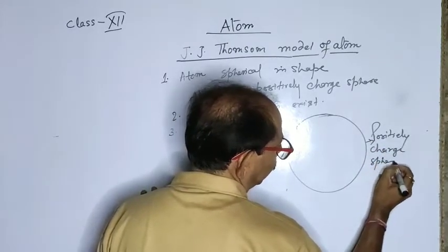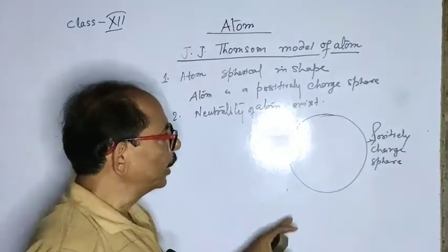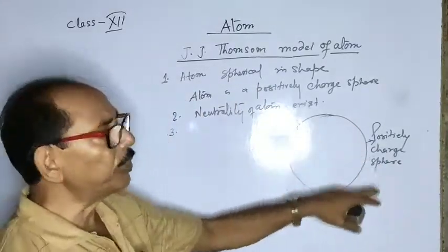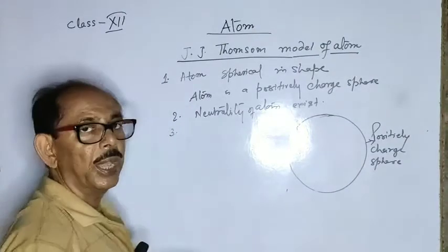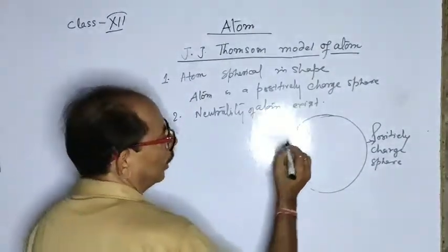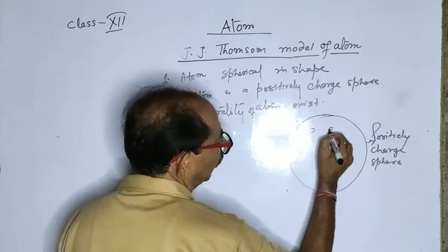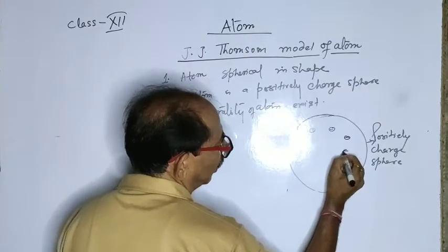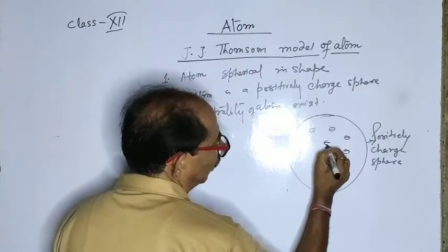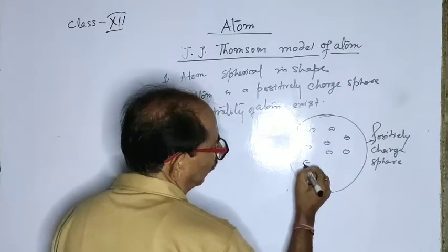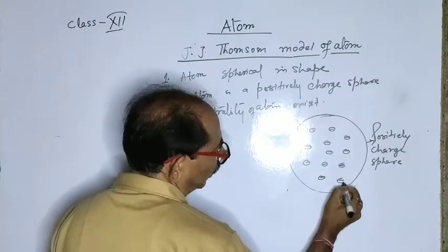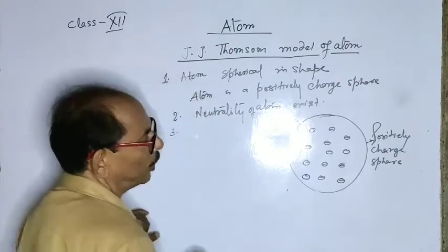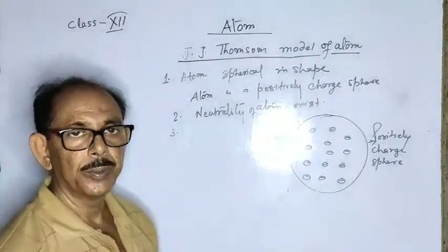Inside the positively charged sphere, the electrons are embedded so that the neutrality of the atom exists.